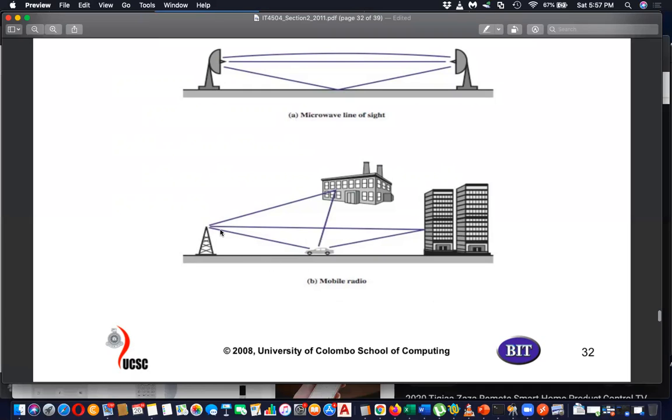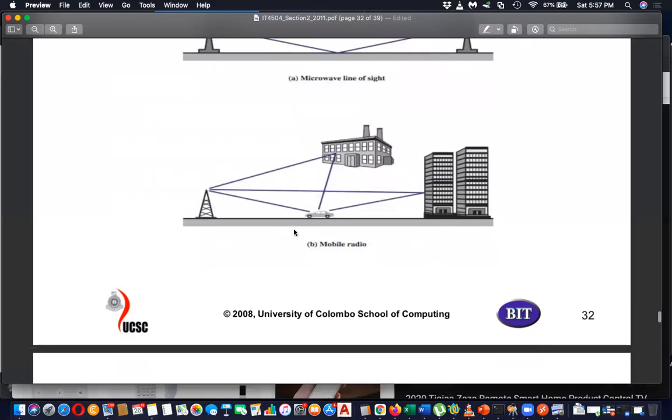It will straight away also come in, and by reflecting because of building also another channel is coming. So what will happen? You can see the mobile radio jamming. Yeah, when this person is traveling, sometimes the signal can be jamming, mixed up due to this reflection.